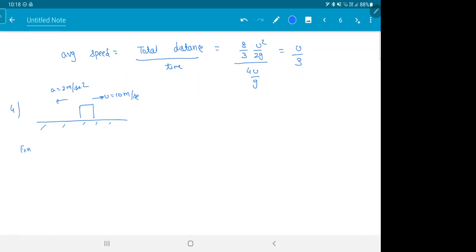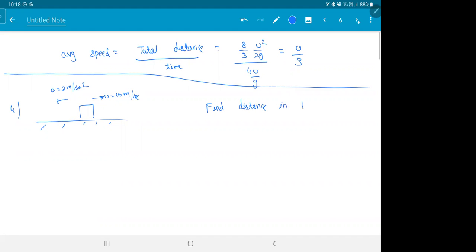Find the distance traveled in 15 seconds. So we have a car going forward with 10, but acceleration is 2 backward. Find the distance traveled in 15 seconds.